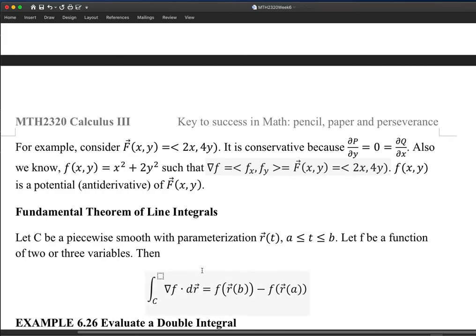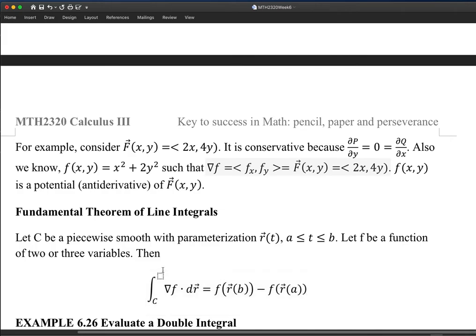I say this is really comparable to the fundamental theorem of calculus. Remember, in the fundamental theorem of calculus, the integral of a function turns out to be the difference of the antiderivatives. It's really the same situation.